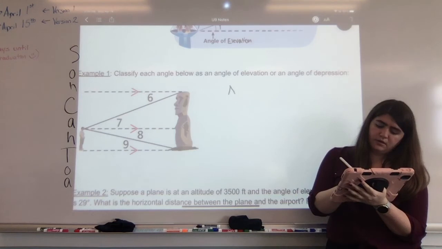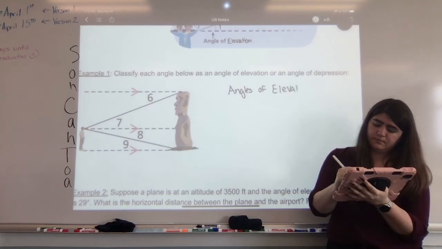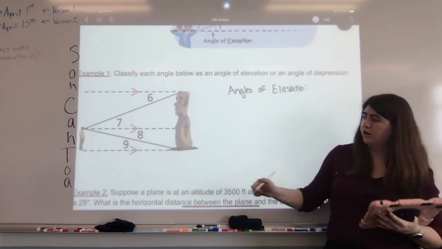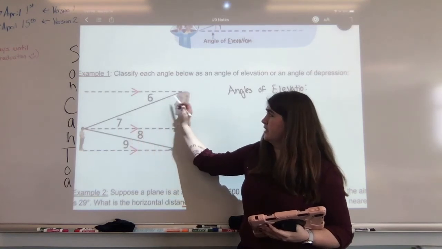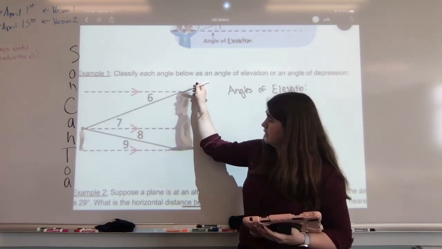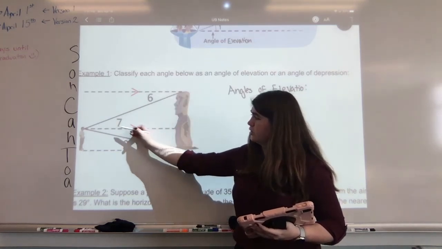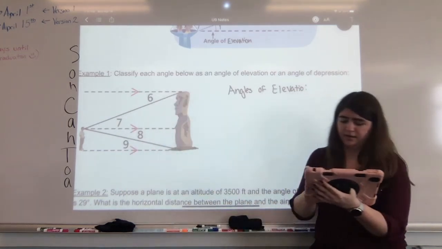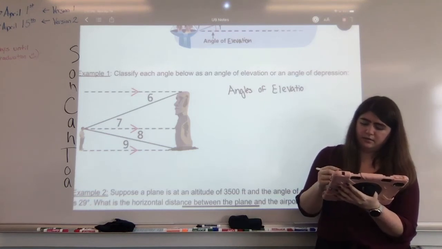Angles of elevation are 7 because he's looking up, and here we're looking down, here we're looking up towards that guy, so 9. So angle 7 and angle 9.